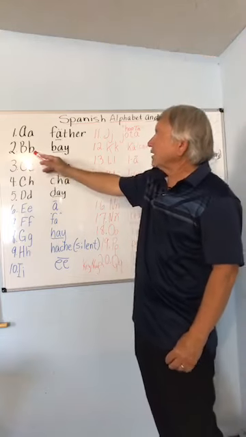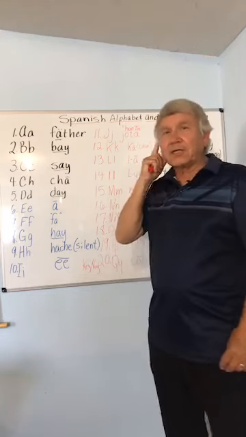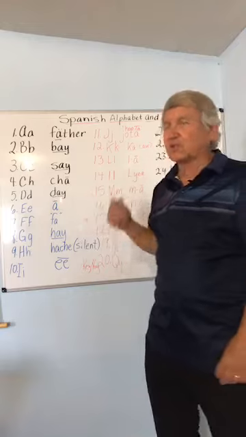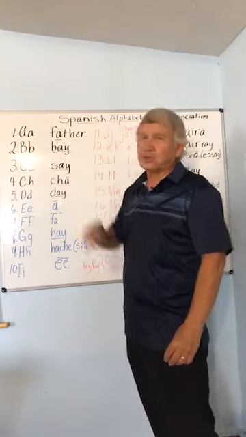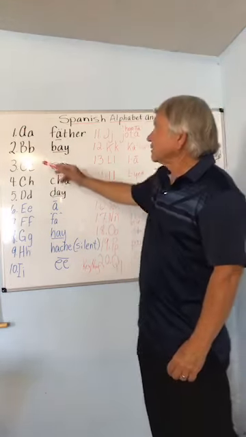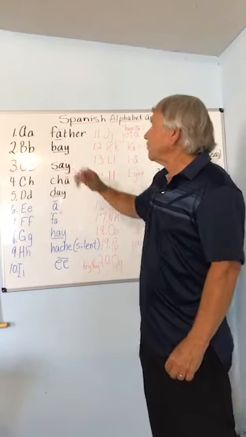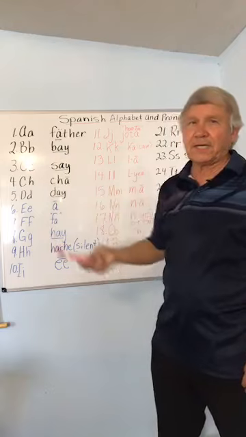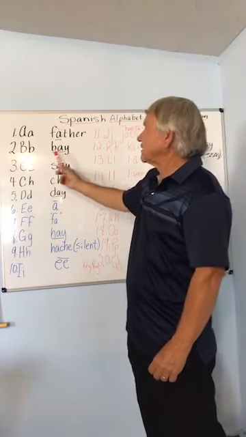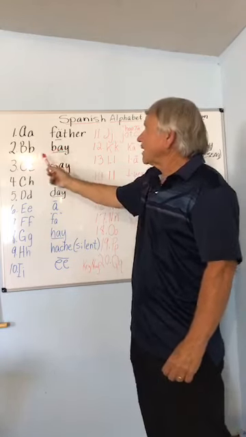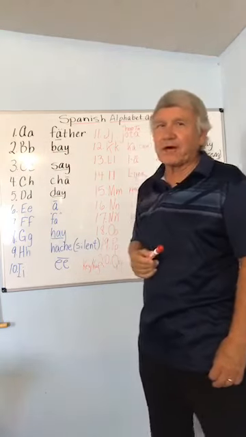The next one, number 2, and you could be learning the numbers as we go along as well. So number 1 is numero uno, A, numero dos, bay. Now it's just like the word bay, down by the ocean, the bay, okay? And that's how it sounds. Now, of course, they don't write it out that way, I just write it this way for the alphabet.